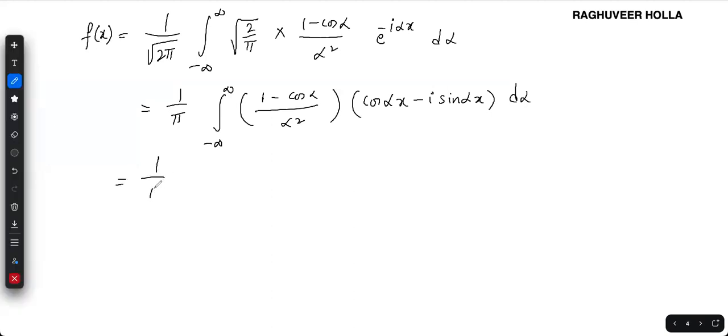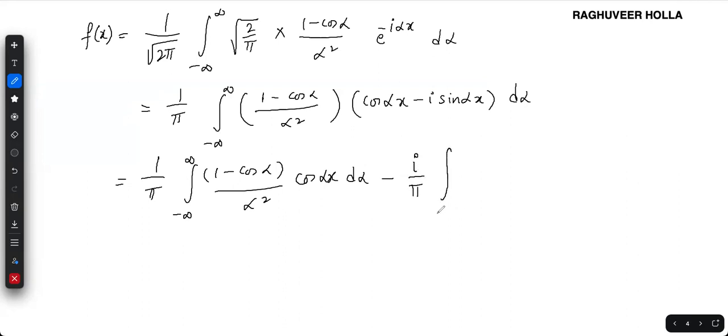So this is 1 by pi, integral minus infinity to infinity, 1 minus cos alpha divided by alpha square, into cos alpha x d alpha.